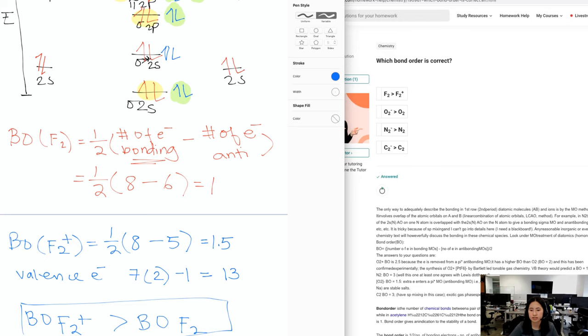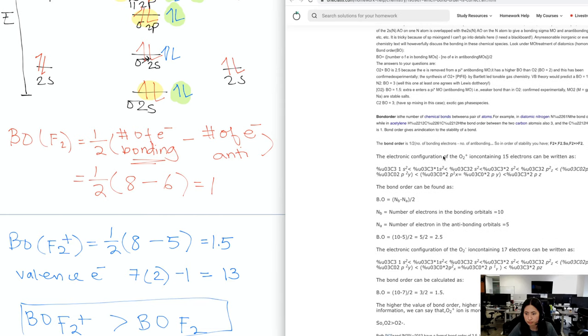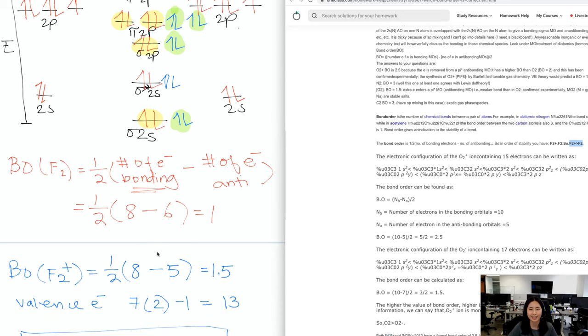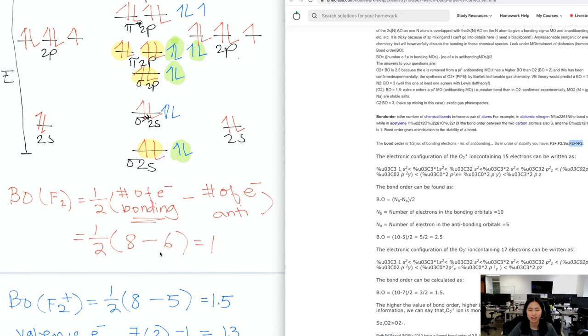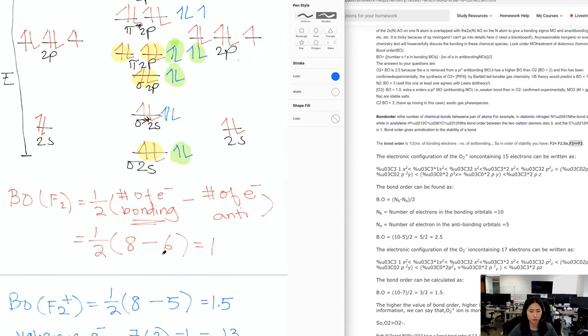Does that make sense? Let's see what they wrote. Yeah, they wrote F2 plus is greater compared to F2 for the bond order, so this is right. It's just that I like visuals a lot, and it's easier for me to count. That's why I'm showing this to you.